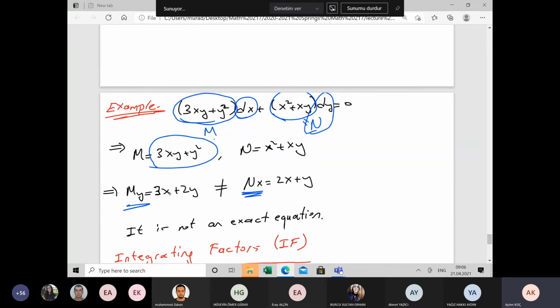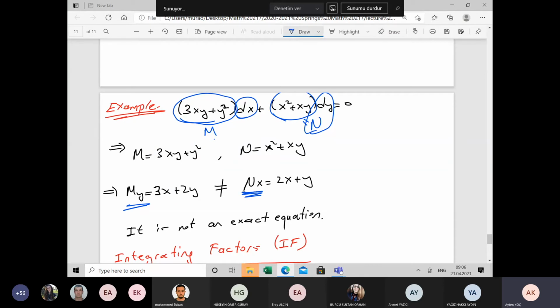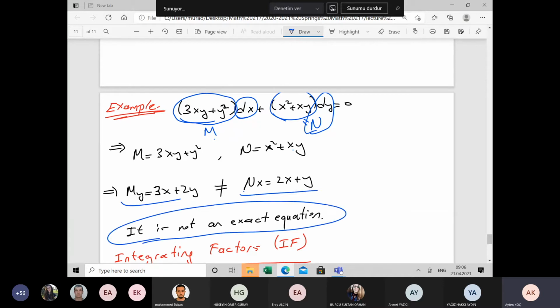So this one is 3x times 1, and this one y squared, 2y. N sub x, with respect to x, is 2x, and this one times y, 1 times y is y. But this one is not equal to this one. So this equation is not an exact equation.